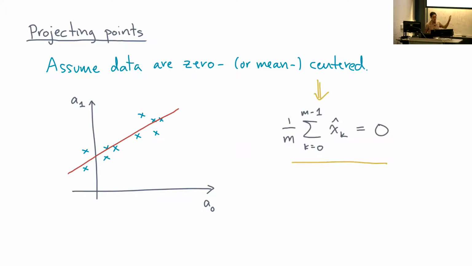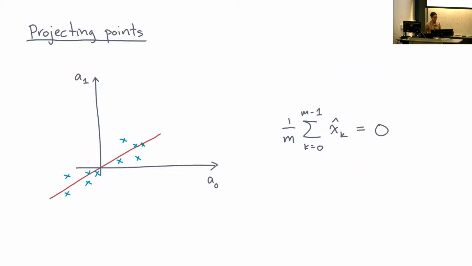And so the result is that I will take the original points and subtract their mean vector, so that the overall mean is now the origin. So we'll shift everything first. And then we'll think about this problem of going from 2D to 1D with respect to this mean-centered version of the data.